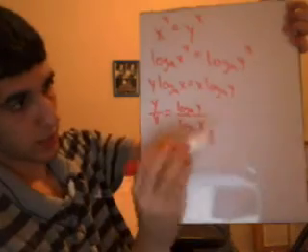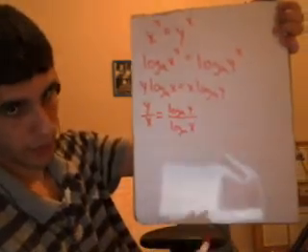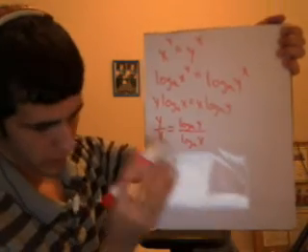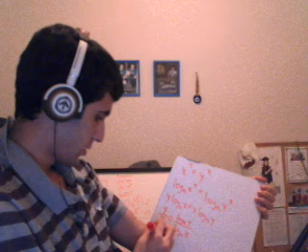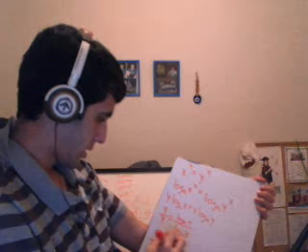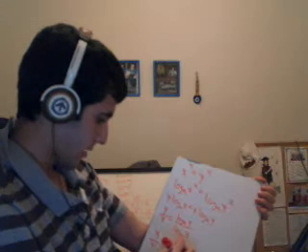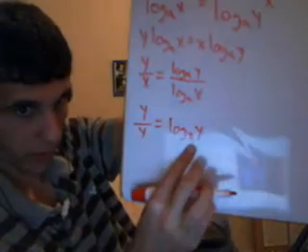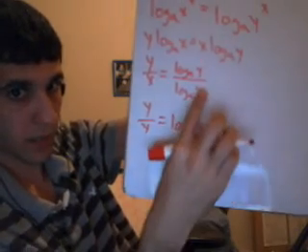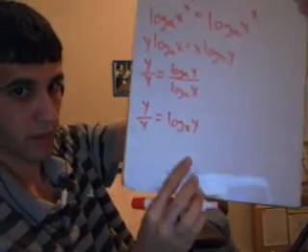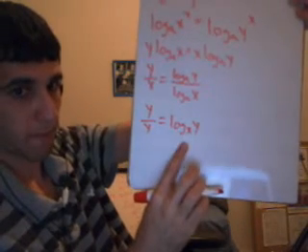And there is a log property for that. Don't exactly know the name of it, but you can simplify that to become log base x of y. Just take this bottom number, put it as the base, and put the top number as the regular self, and it becomes that.